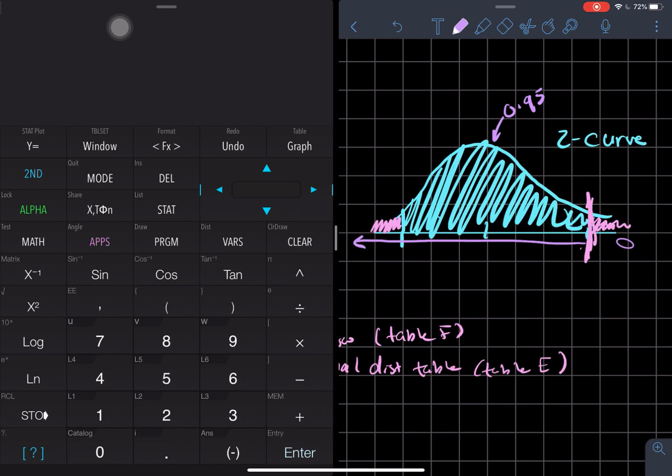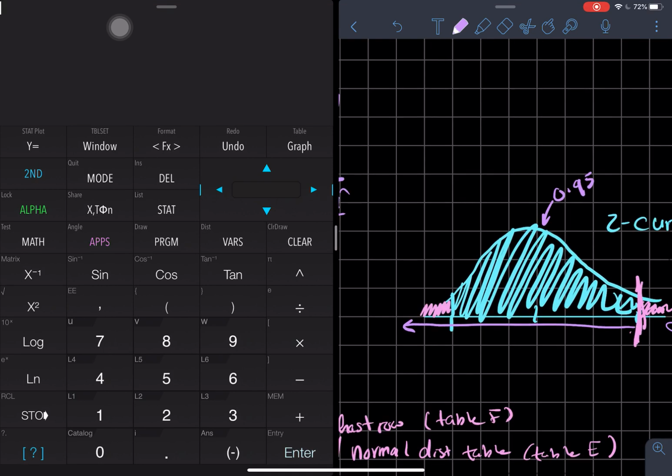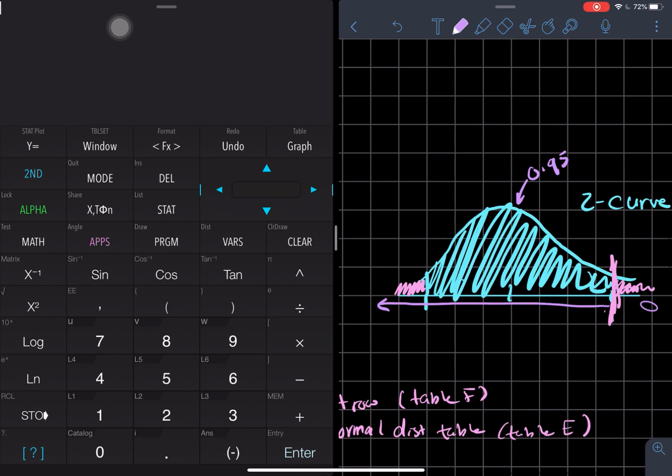So again, we're not looking at the proportions themselves, we're looking at their corresponding z-score. If I have a proportion, its corresponding z-score is going to be between negative 1.96 and positive 1.96. Not that it really matters right now, but this is what it is. If I want to find this z-score in the calculator, I'm going to have to use this big area right here and this small area.